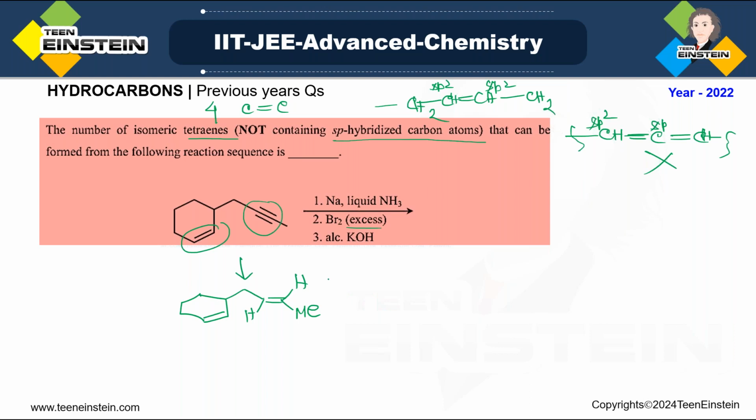Next, this is number 1 reagent, and this is number 2 reagent. You are adding excess bromine, because the total number of C=C double bonds is 2. Ignoring the stereochemistry, which is not required here, I will write 2 bromine.